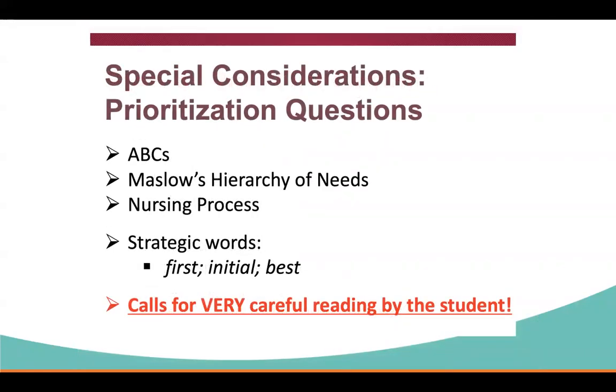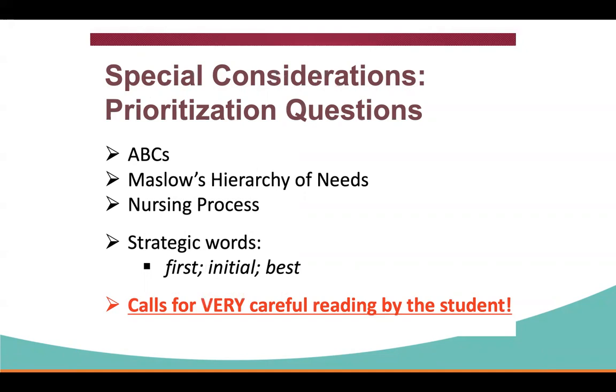What are prioritization questions? Those are the questions that need you to decide which client needs or problems require immediate actions and which ones can be delayed till a later time. Priority questions often have more than one right answer, but there's always a correct action to choose first.